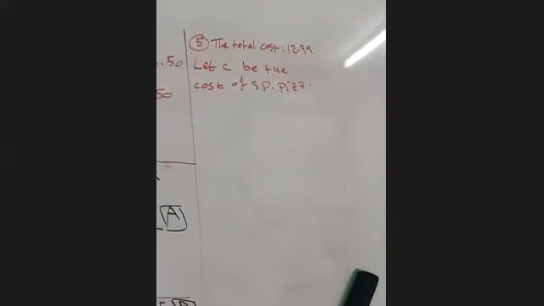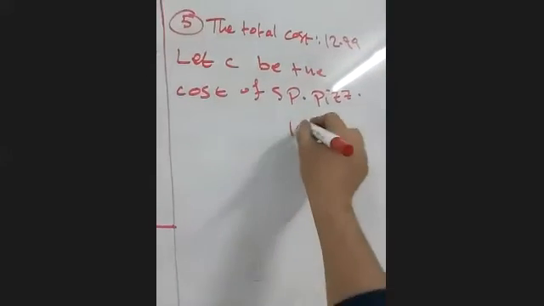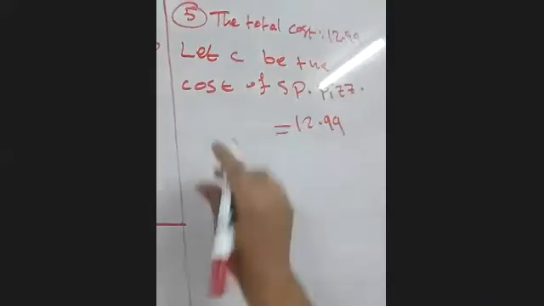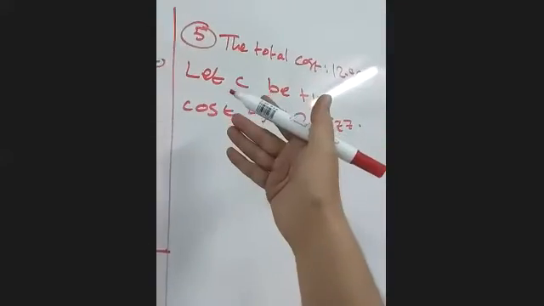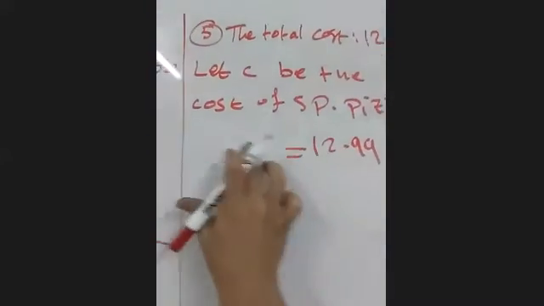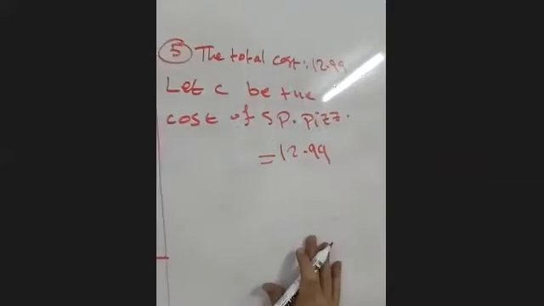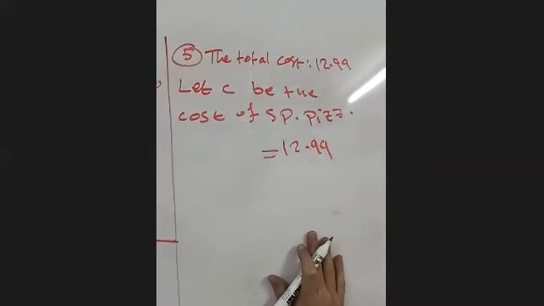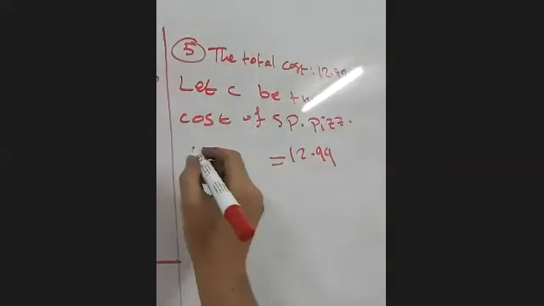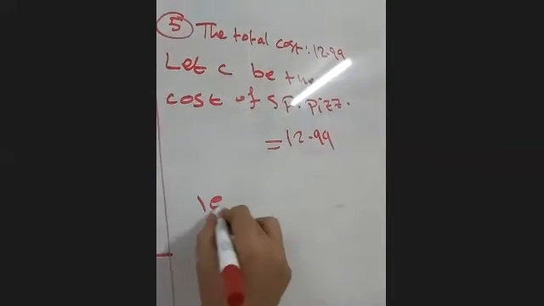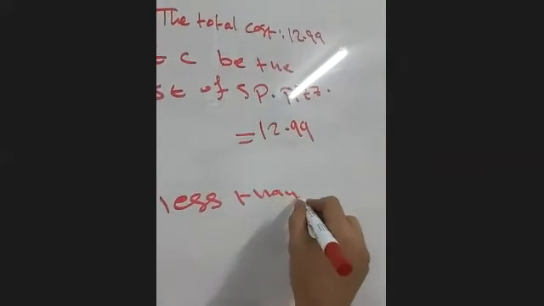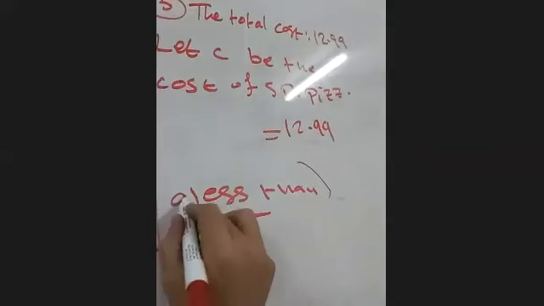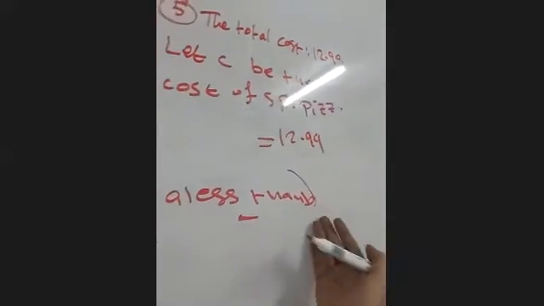So this is the 12.99, is the what? Can you tell me what I will write? We will write C equal minus 6.50. Exactly. And when we say less than, guys, if you remember, it's subtraction, but we do the opposite. A less than B means B minus A, right?